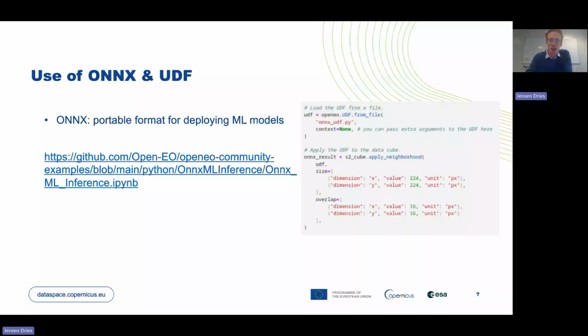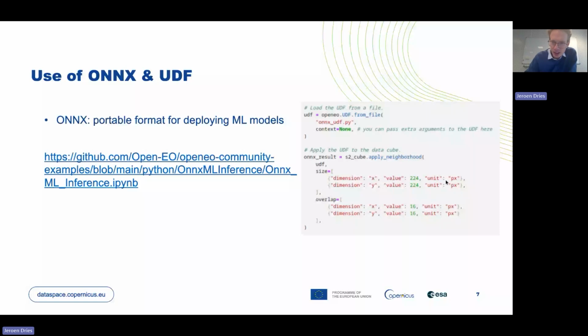I slightly touched upon it because it's using this apply neighborhood method and the Python user-defined functions. User-defined functions is an openEO feature that allows you to run arbitrary Python code over your data cube. And apply neighborhood is the process in openEO that says on which area of your data cube you want to run a certain function.